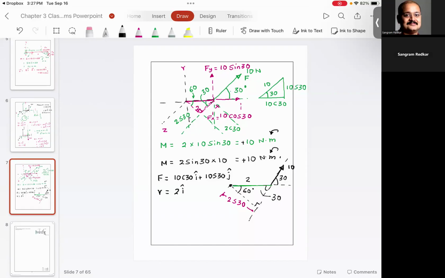Do you agree with me? The same unit vectors i, j, and k represent the force and the radius.